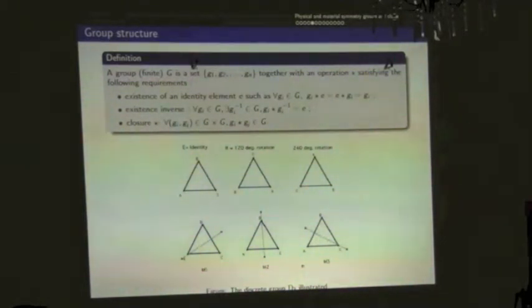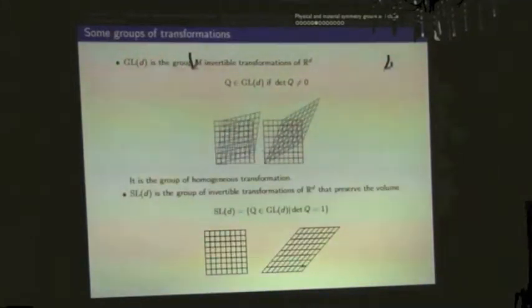What is more interesting for us, a more interesting generalization, is to go from discrete rotations, discrete transformations, to a continuous group of transformations. By continuous group of transformations, I mean something that is often called a matrix group.